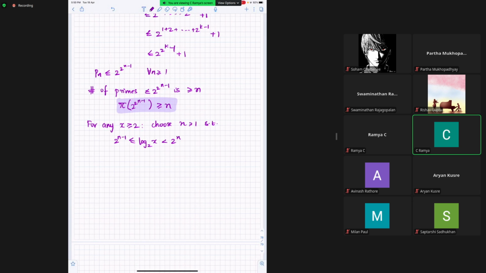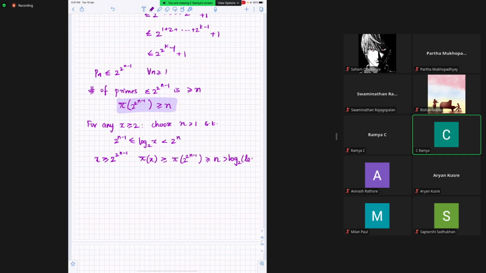And I know that for x greater than or equal to 2 to the 2 to the n minus 1, pi of x is greater than or equal to 8. And n right now is greater than or equal to x.